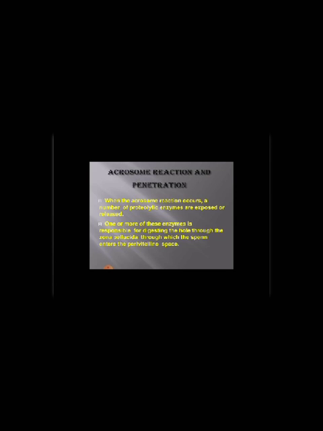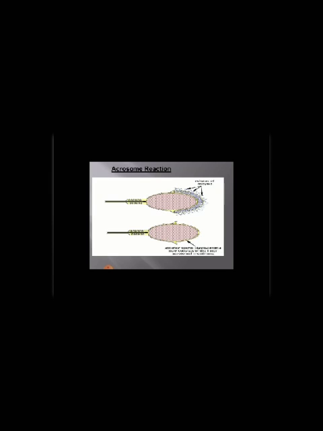So what is the series of changes that happens? As you can see in the diagram, there is release of enzymes from the anterior sperm plasma lemma, which consists of the inner acrosomal membrane. There are two regions, the acrosomal vesicle and acrosomal granules. We'll see in detail. The acrosomal reaction begins with the sperm tip contacting the outer egg envelope.